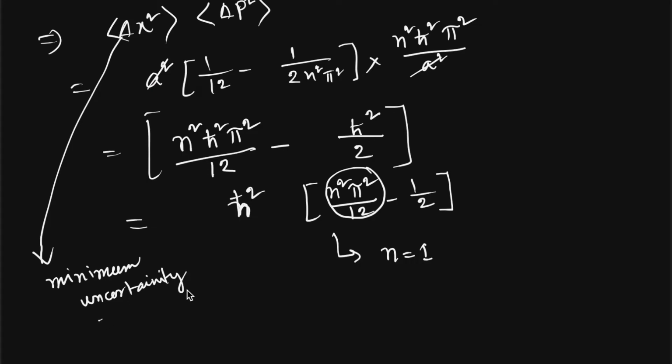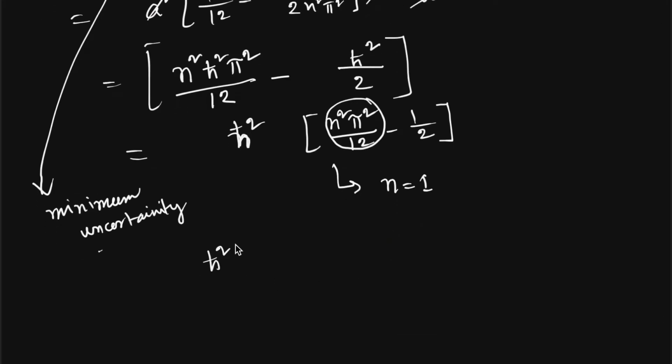So the minimum uncertainty corresponding to n equal to 1, let us calculate that. It is ħ² (π²/12 − 1/2). Pi squared means 3.14 squared; let us approximate it as 3, so π²/12 is equivalent to 9/3, that means 3/4 minus half.